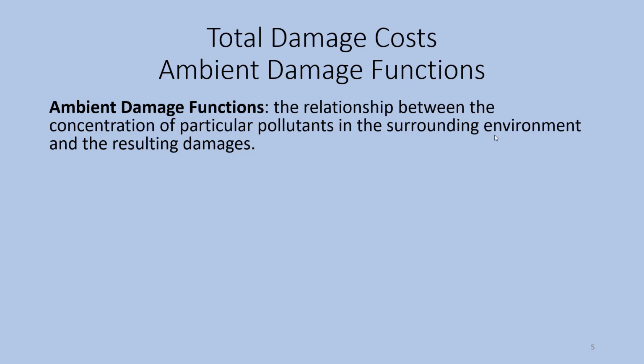For example, the air around us, as any scuba diver will be able to tell you, is about 79% nitrogen and 20.9% oxygen, with about 0.1% made up of other stuff. That's what the air is usually concentrated as. However, if we release a whole bunch of pollutants into the atmosphere, it might change that concentration. The kind of damage that's being caused as a result of that change in concentration is what we refer to as ambient damage.